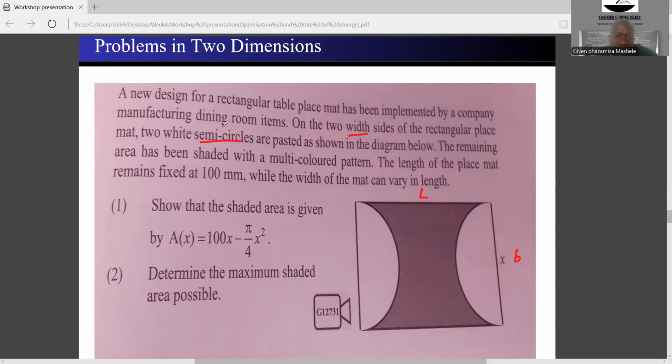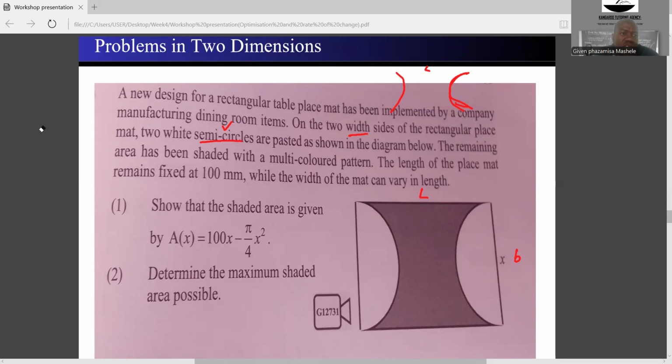What does it mean? It means that they had a rectangle. This rectangle has dimensions of length and breadth. And within this rectangle, they have to cut out the semicircle, half circle actually. They have to cut out equal semicircles, I apologize. And cutting out these semicircles means they have to remove this part here, and they must also remove the other part here.